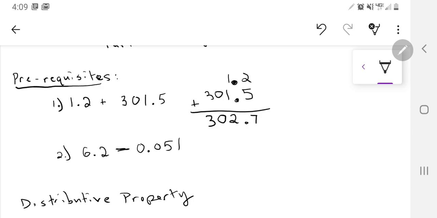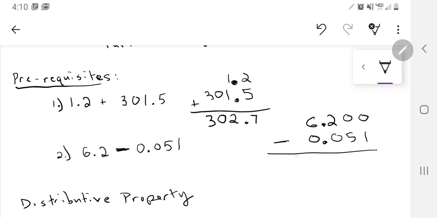All right, now we just have subtraction, so let's do an example there. So we have 6.2. We're going to line up our decimals, and we have 0.051. Now we want to add some extra zeros at the end here so that we can subtract these two values.